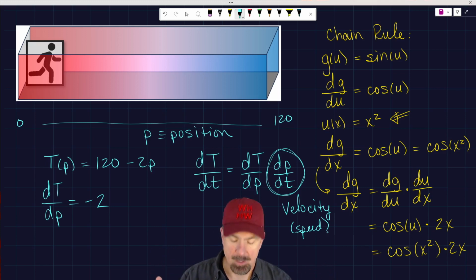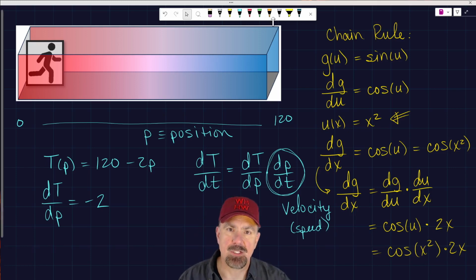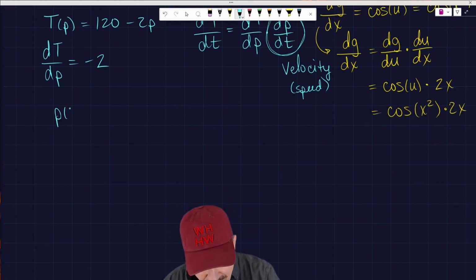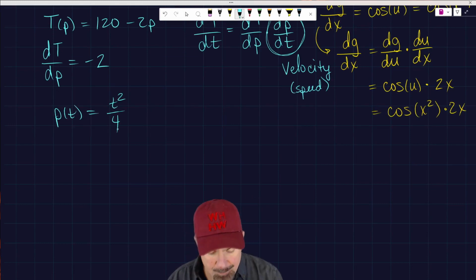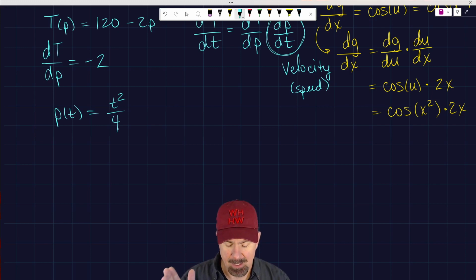The faster we run through the room from hot to cold, the more quickly the temperature is going to be changing. So let's say, for example, that we had a position function which was equal to t squared over 4. At time 0, we're at position 0. At time 2, call them seconds, we've moved 2 feet.